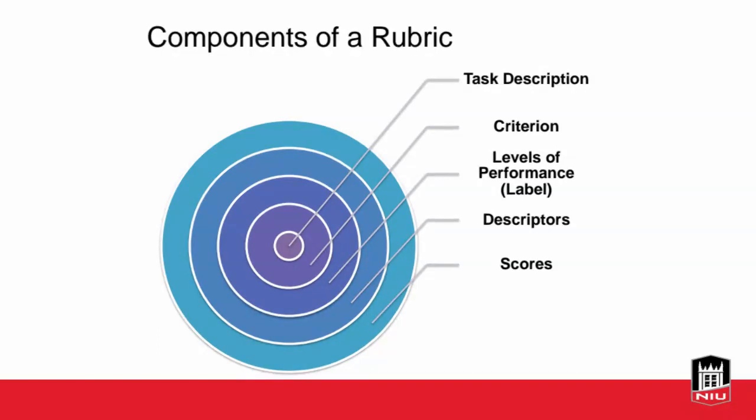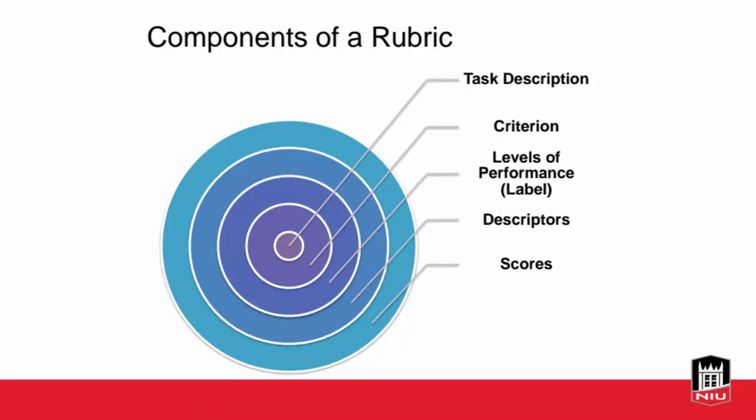So the components of a rubric include the task description. That's the performance or the product of the outcome that we're assessing. It also has individual criteria. That's a trait or a feature or a dimension or sort of a slice of the whole task.